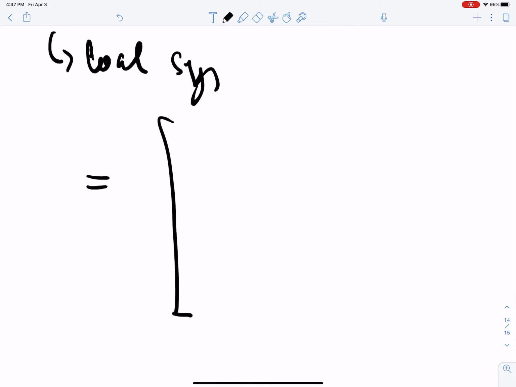You end up with a vector that looks like this: EA alpha delta T central in the X location, nothing in the Y location, so no vertical forces. Very important: no vertical forces are generated by temperature difference.